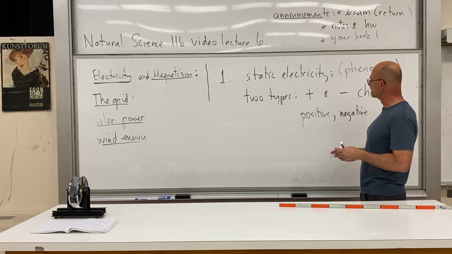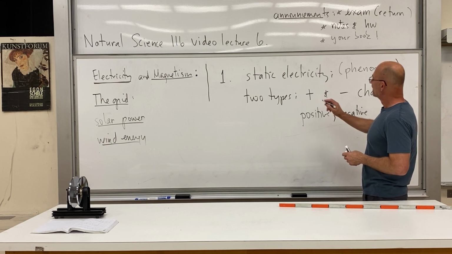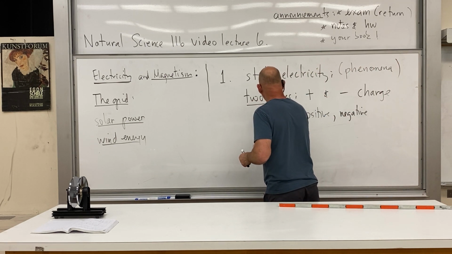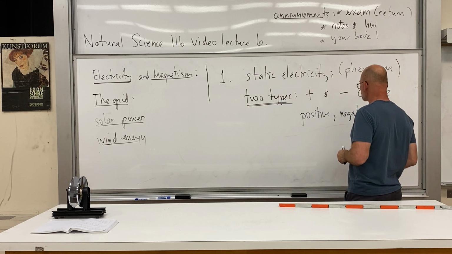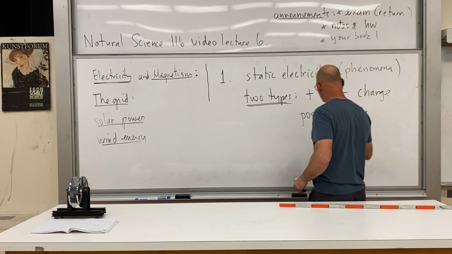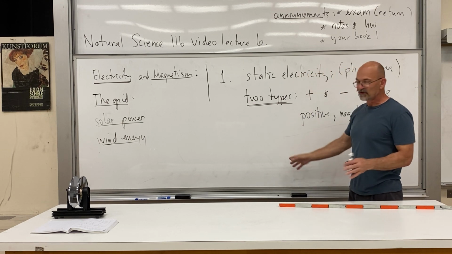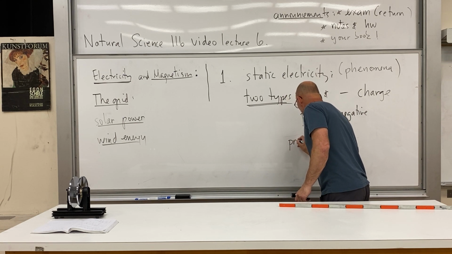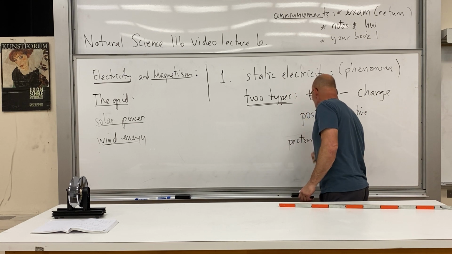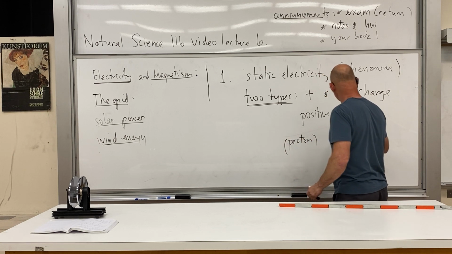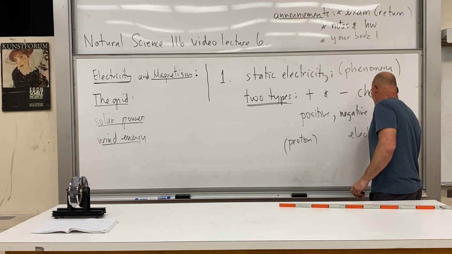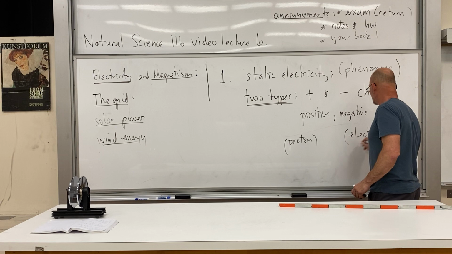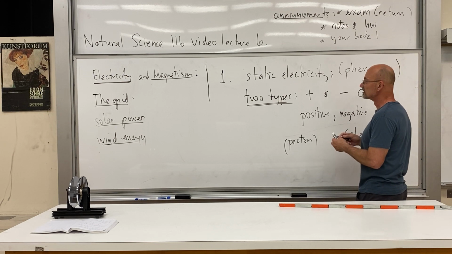Pulling off a sweater, you feel the static phenomena. But there are two types, positive and negative charges. Positive, negative. It turns out, but this wasn't known for quite a while, that the positive charge is what the proton has, which is an elementary particle, and the negative charge is what the electron has. Okay. Also an elementary particle.